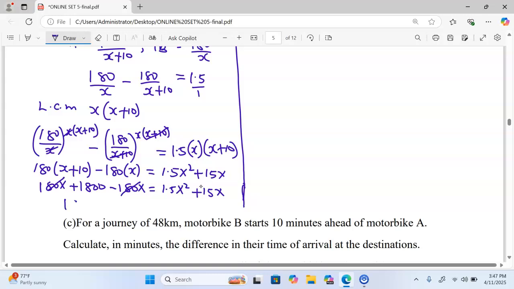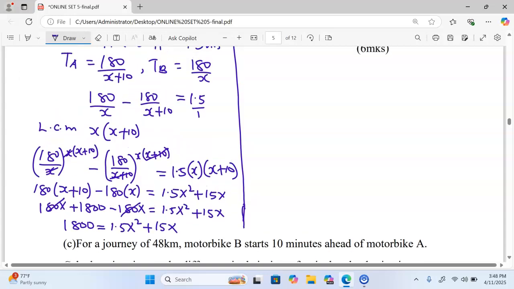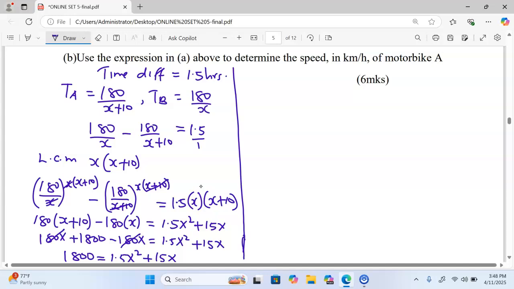That means we are going to remain with 1800 being equal to 1.5x squared plus 15x. We can reorganize this equation to form a quadratic equation as follows. We have 1.5x squared plus 15x.